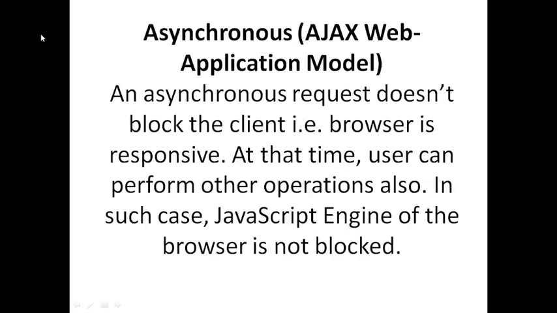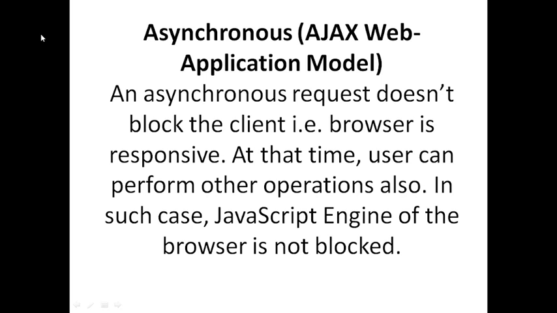Next, if you see in our AJAX, the browser is responsive. At that time the user can perform other applications also. That is why we call it asynchronous. An asynchronous request means it will not block the client, whereas synchronous means it will block the client.